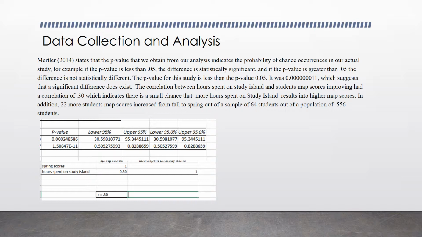And also, 22 more students scored above the median comparing fall and spring MAP scores.